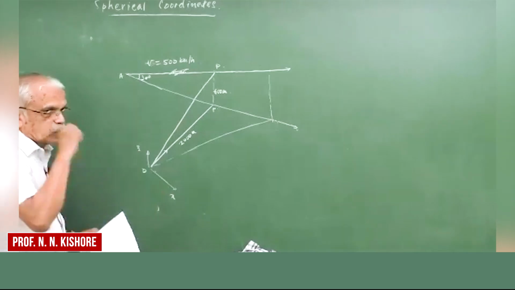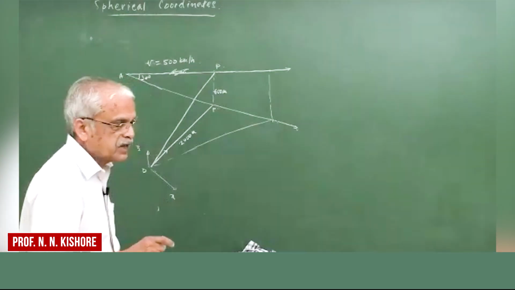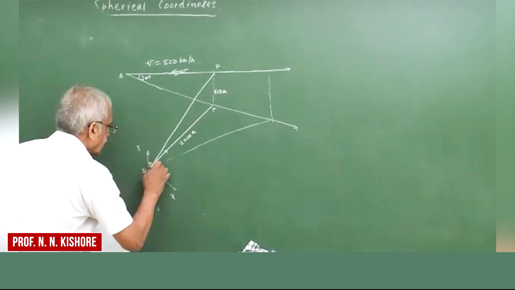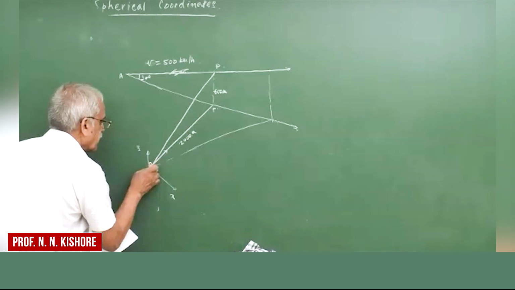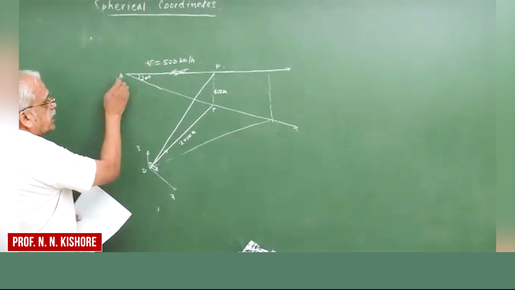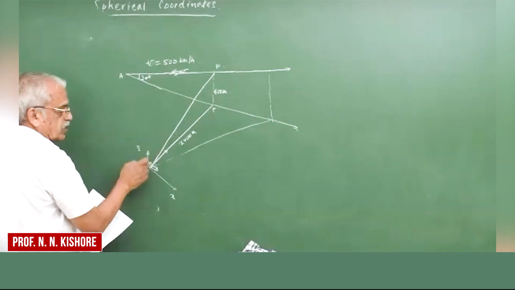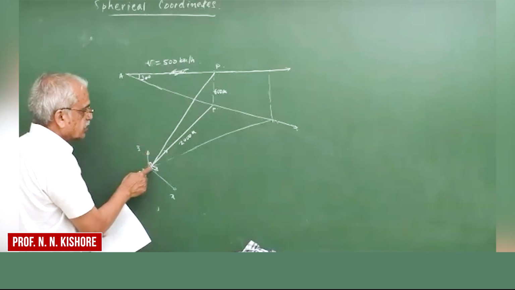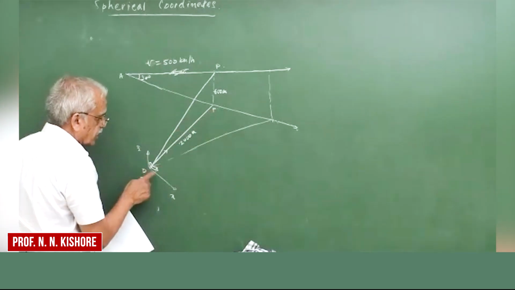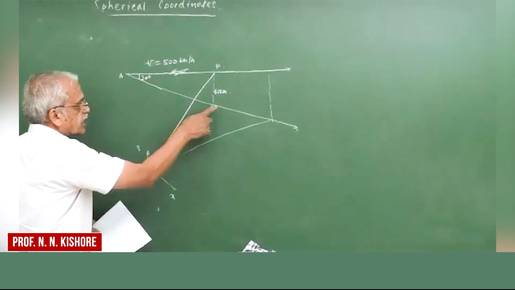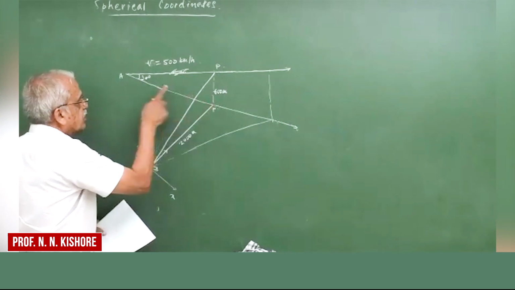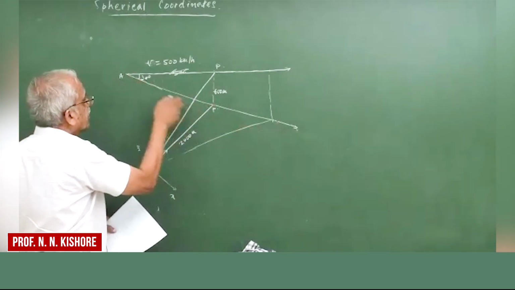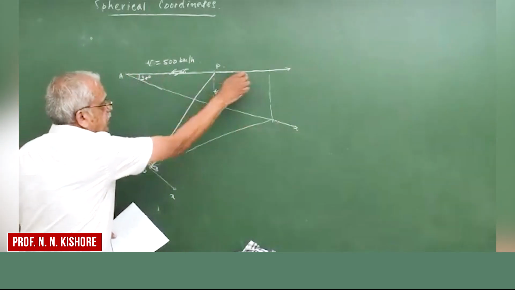So this is an airport, and there is a radar here at this point. Let me try to explain the axes. This is the vertical axis, and this is the x-axis, and this line is drawn perpendicular to the projection of this plane's path.